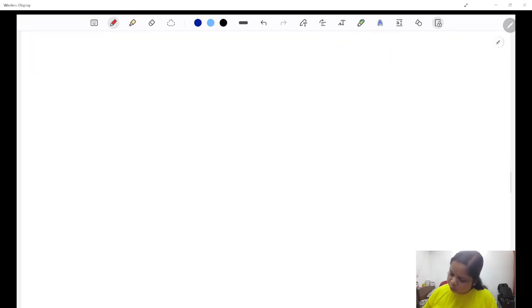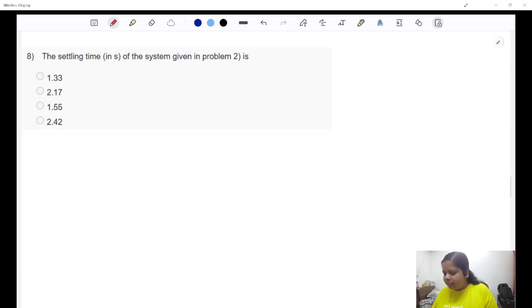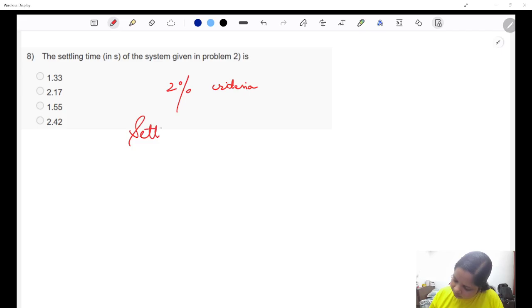Okay, let's move to the next question. The settling time of the system given in problem 2 is what? Let's consider the 2% criteria. We already saw that there are two formulas for the 2% band and the 5% band, right? Let's see for the 2% criteria.